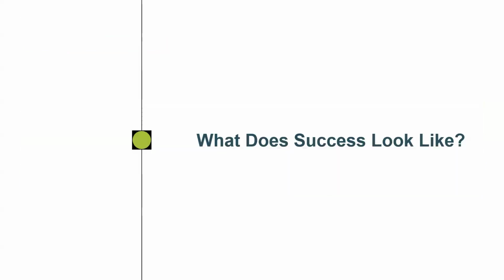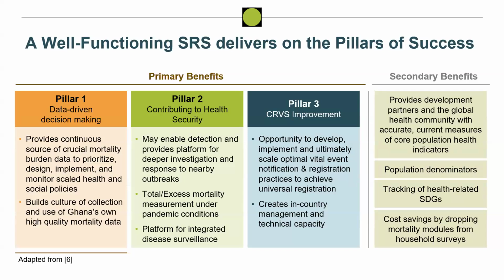We also looked at what success would look like, and we hinged that on 3 pillars. For an SRS to be successful in Ghana, we're looking at it being a data-driven decision-making tool. It would also contribute to our health security as a country, and improve the CRVS system.